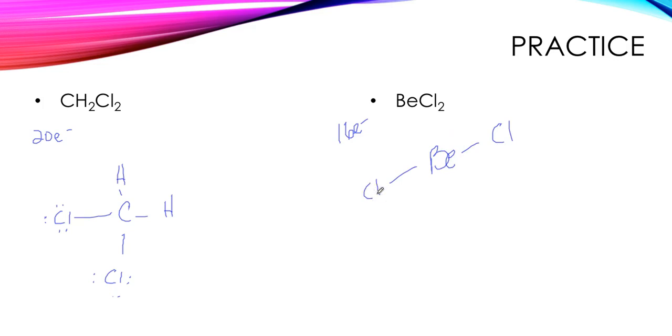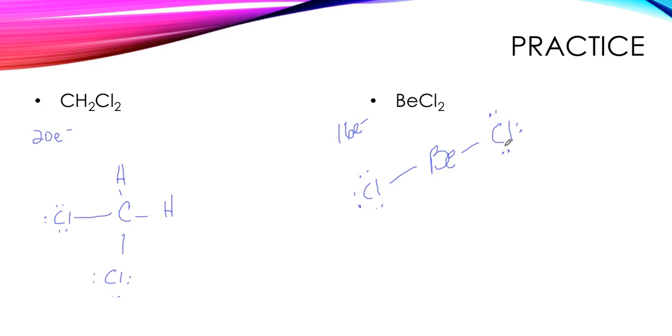I just feel like spacing them out equally, but that's not required. That gives me 4 electrons. And then if I put 6 more electrons, 3 lone pairs, around each chlorine, that gives me all 16 electrons accounted for, but notice that beryllium's electron deficient.